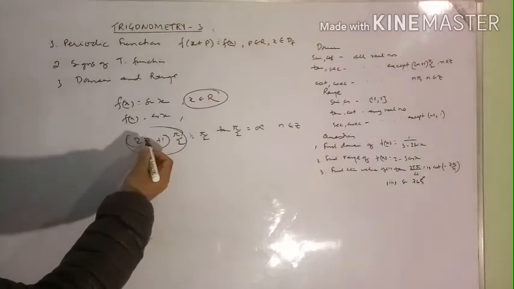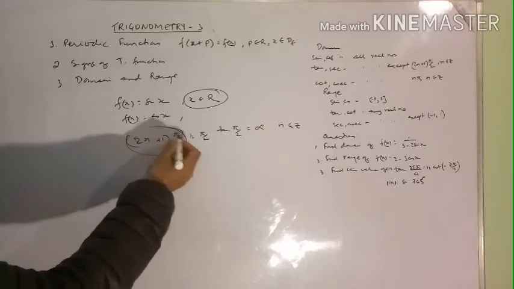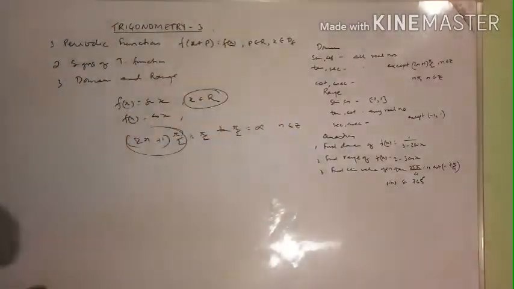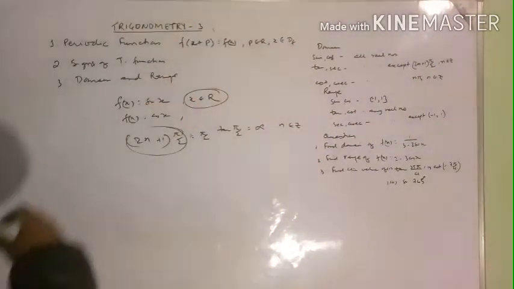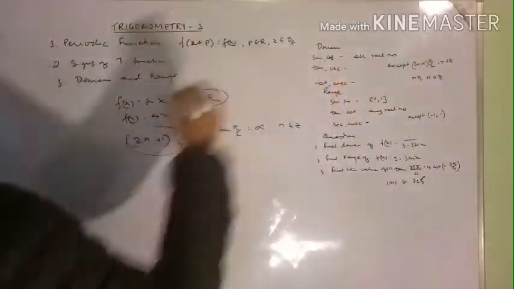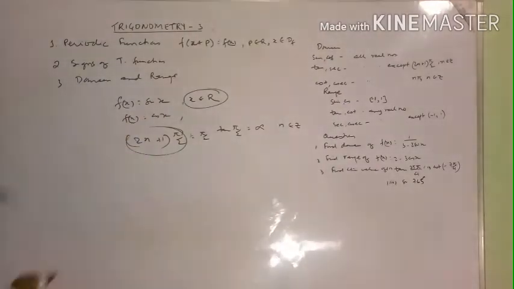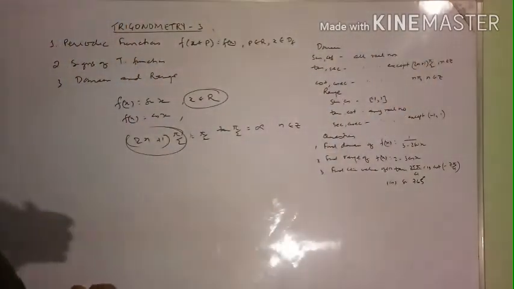When n equals 1, 2 ones are 2, plus 1 is 3, so 3 pi by 2, which is 270 degrees, and that is also undefined, and so is sec. So x cannot take these values, but except these values it can take any other real value. So the domain for tan and sec is any real number except this one, where n belongs to Z.